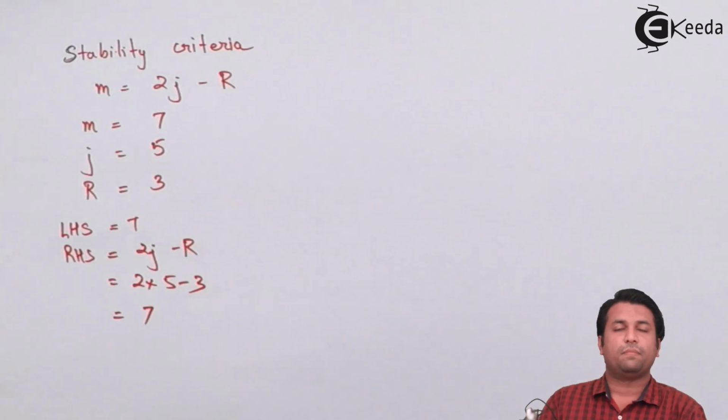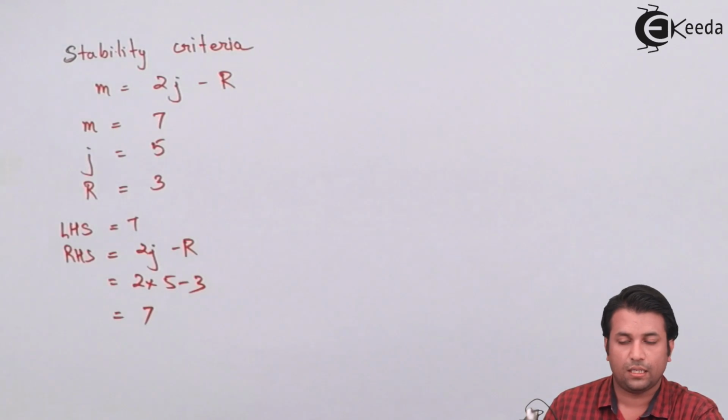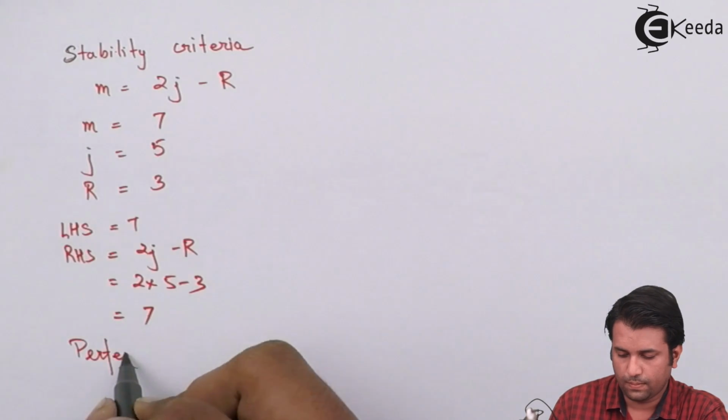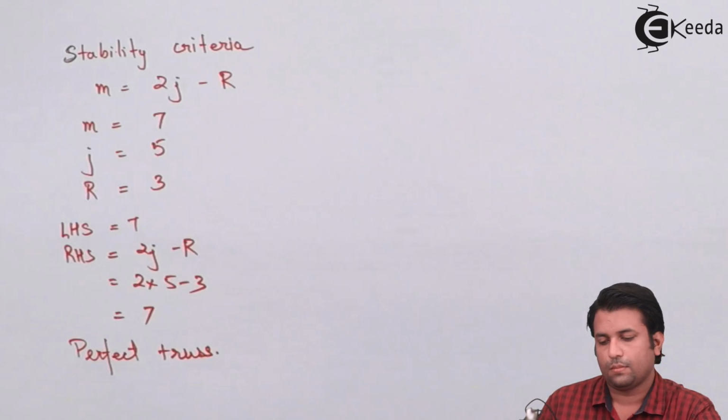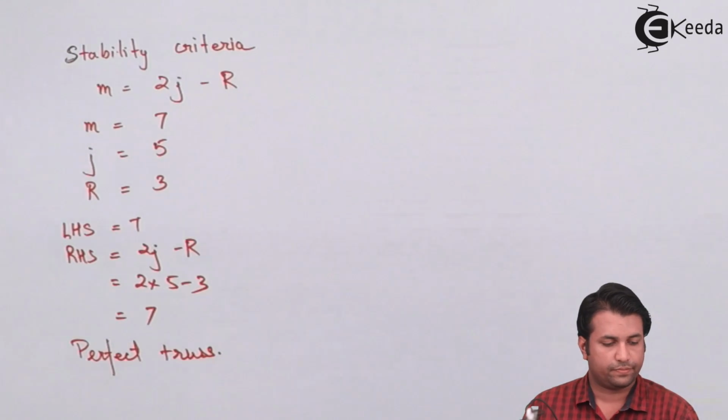So I can see that my left hand side is equal to right hand side. So I can say that this is a perfect truss. Now the next step is we have to find out the support reactions.